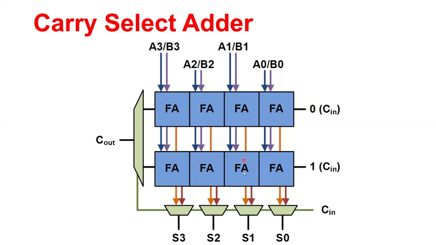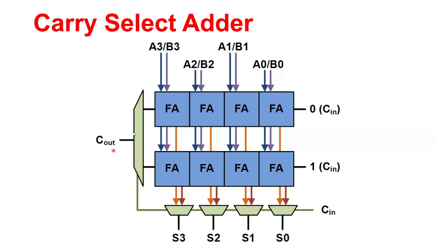Due to parallelism here, the top row and the bottom row, we have divided and conquered the structure, so that if the carry is generated at a particular intermediate stage or in the beginning, accordingly the select line of the multiplexer decides which block or which row is connected to the outputs.